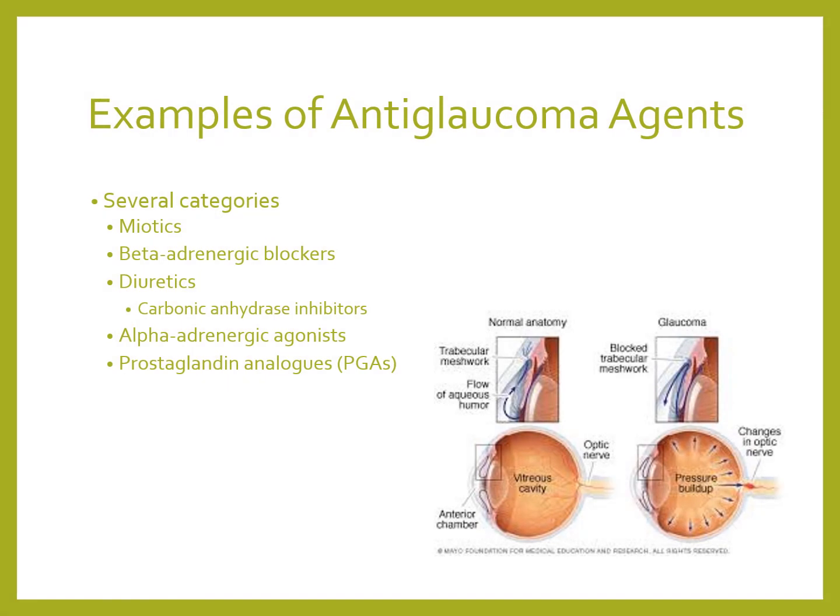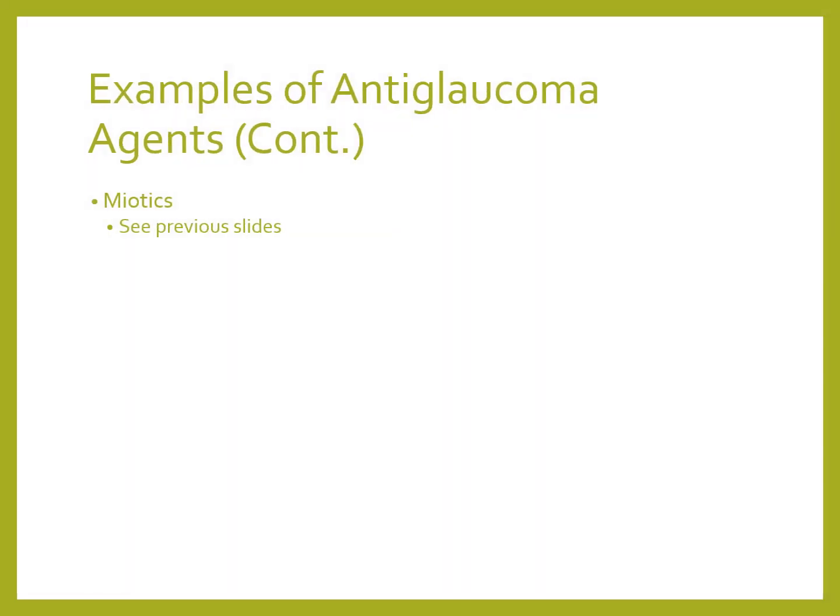There are several subcategories in this category. There's miotics, beta adrenergic blockers, diuretics, alpha adrenergic agonists, and prostaglandin analogs. As far as miotics, you can look at the other slides to review that if you want, but these are just usually a short-term treatment option.